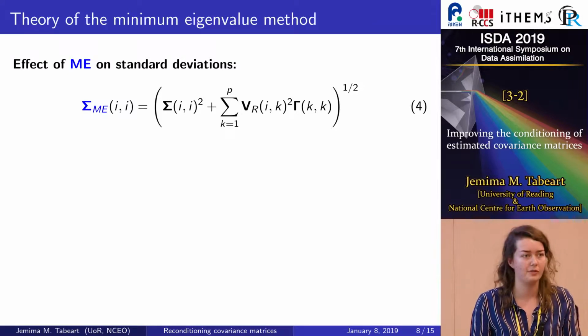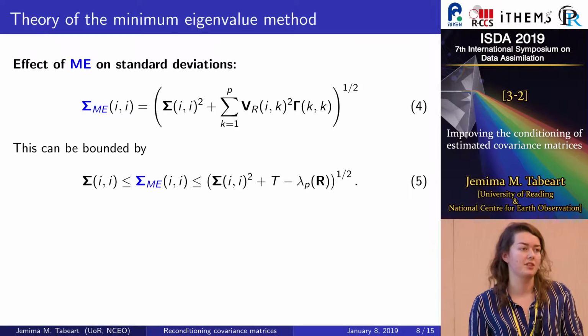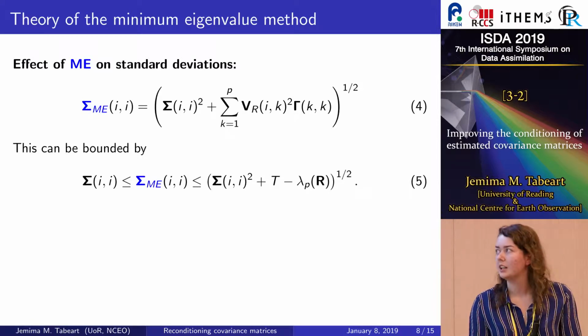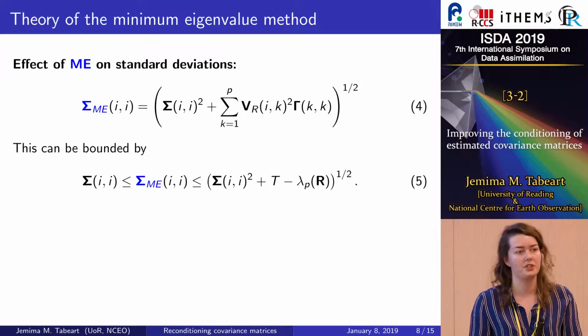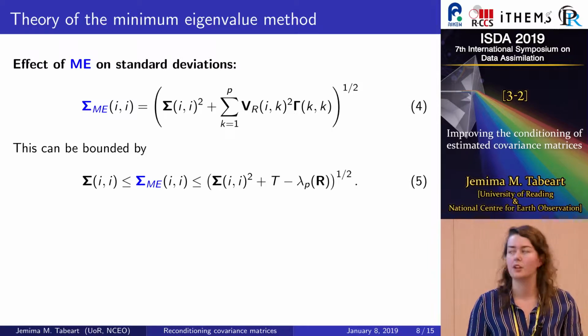So this doesn't look very helpful or informative, but we can bound it in terms of things that we know. We can say that the smallest it can be is the original standard deviation. So we're either going to increase or stay the same. And we can bound it above by an expression that has the original variances plus this constant term and then the square root of that. For both of these bounds, you can find examples where you get both cases.